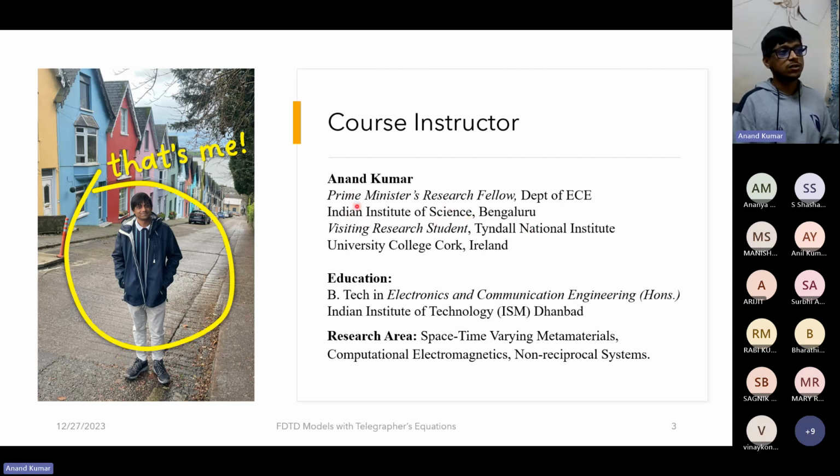I'm a visiting student at the Tyndall National Institute in University College Cork in Ireland. About my background, I completed my BTech in electronics and communication engineering with honors from the Indian Institute of Technology (Indian School of Mines), Dhanbad. I primarily work on space-time varying metamaterials. I use computational electromagnetics, and I work on non-reciprocal systems. So that's about me.